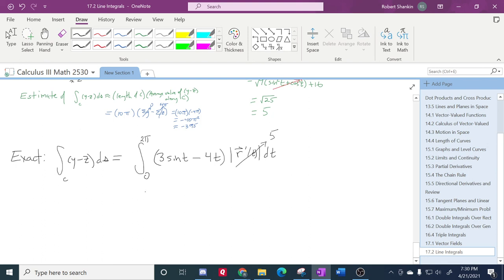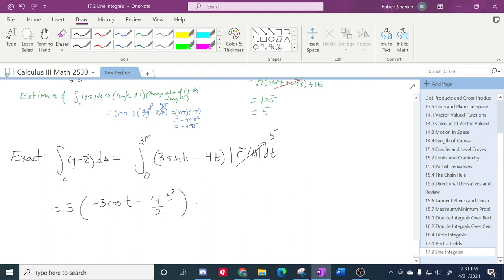And now the 5 I'm going to pull up front. And then I'm going to take the integral of 3 sine of t, which is going to be negative 3 cosine of t, because if I take the derivative of that, I get that. And then minus 4 integral of t is t squared over 2.